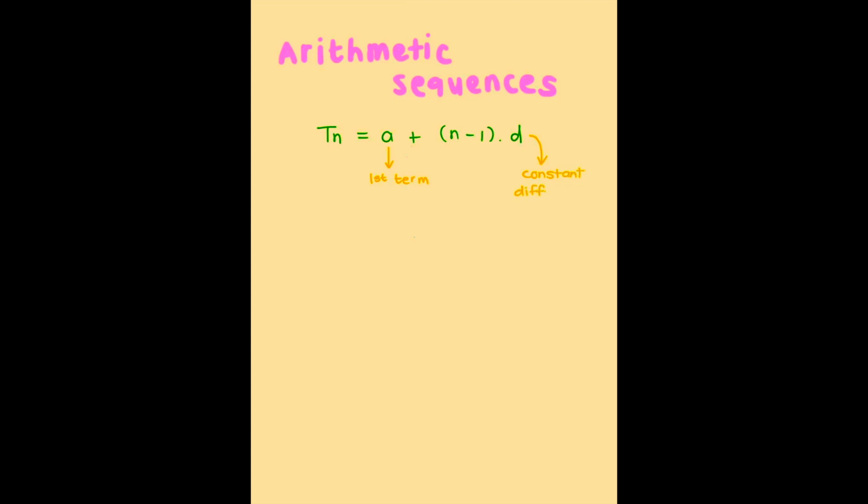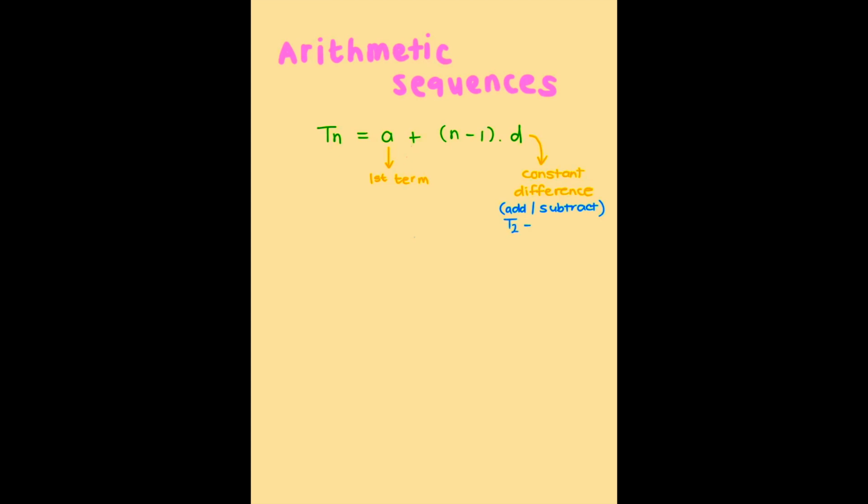And when I say constant difference, what I mean is we will be adding or subtracting. So it's very important, subtraction as well. You will add or subtract the same amount between consecutive terms, which you will see when we get to our first example. So we'll add or subtract.